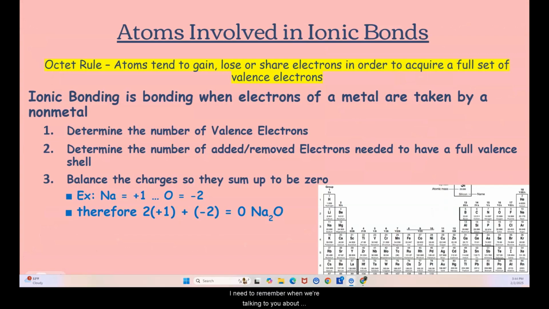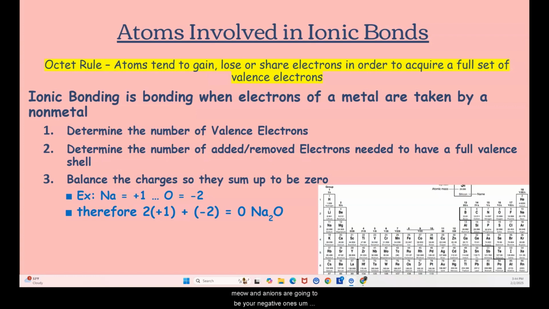Okay, the first thing to remember when we're talking about how to balance ionic bonds is the octet rule. Atoms will tend to gain, share, or lose electrons in order to acquire a full set of valence electrons. So for this, we're primarily looking at the valence shells of electrons. And please remember, metals are positive because they're cations, and cat has paws, meow.